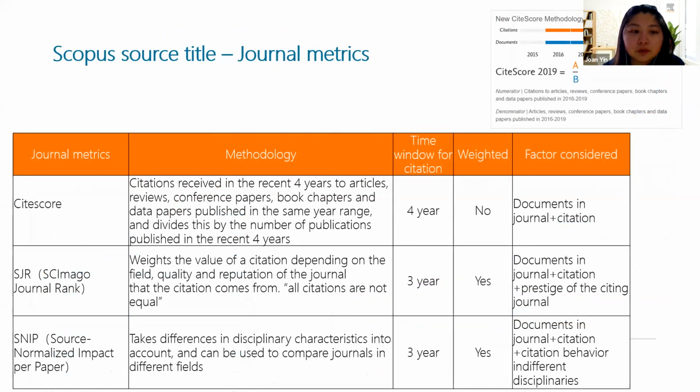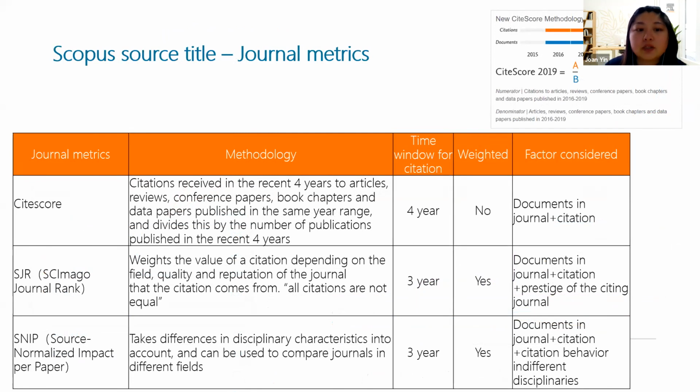I'm going to give you a brief introduction to the different metrics the Scopus source titles provide. The CiteScore metric can show the citation impact of one journal. Currently, we have an update on the methodology.